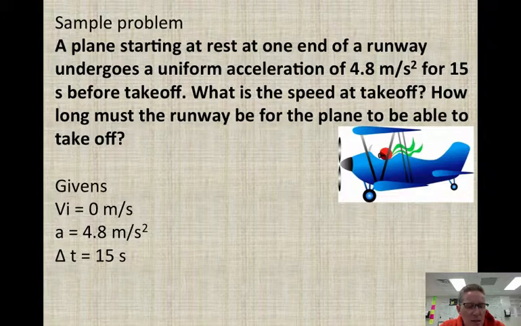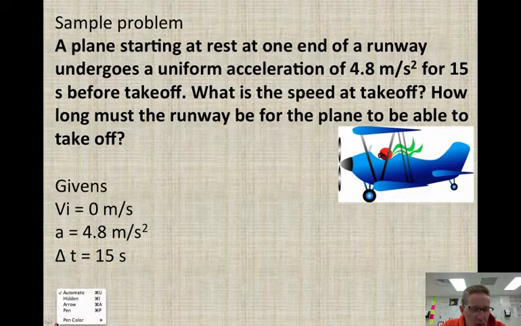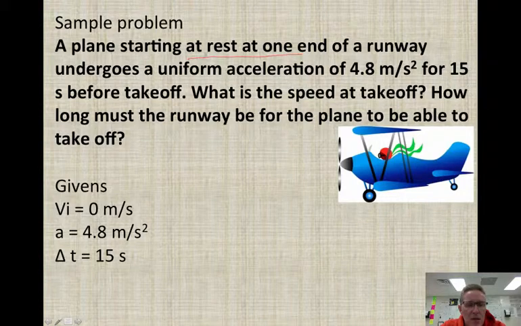As I said before, we always want to find the givens, and this gives us some more repetitions of how you need to think about this. If it's starting at rest, that tells us we have a VI of 0, which I already have shown here.